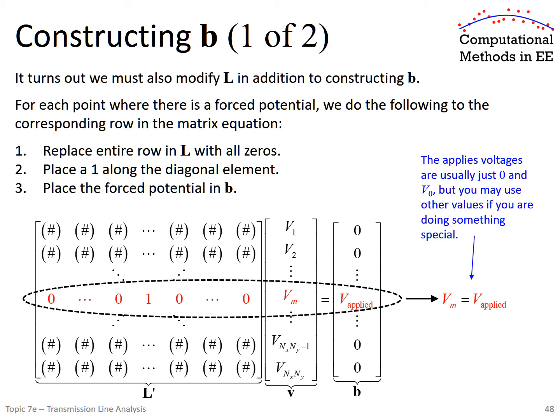And what we've essentially done is thrown out the finite difference equation that will be written there and just replace it with a very simple equation saying the potential at that point equals 6 or 7 or whatever it happens to be there. And so you can imagine setting up a big loop going through your grid. Everywhere there's a metal, zero out the row, insert a 1 in the diagonal or the pivot position, and then over in that B column vector, put in the number that you're actually forcing it to.